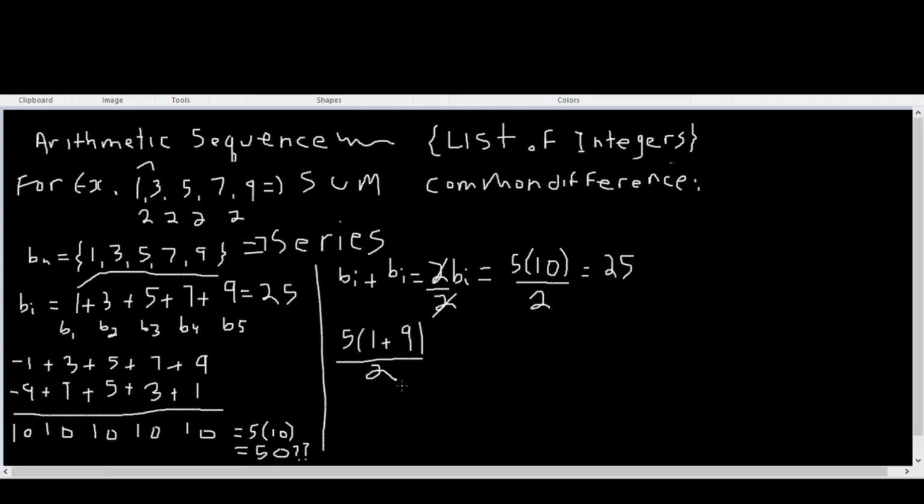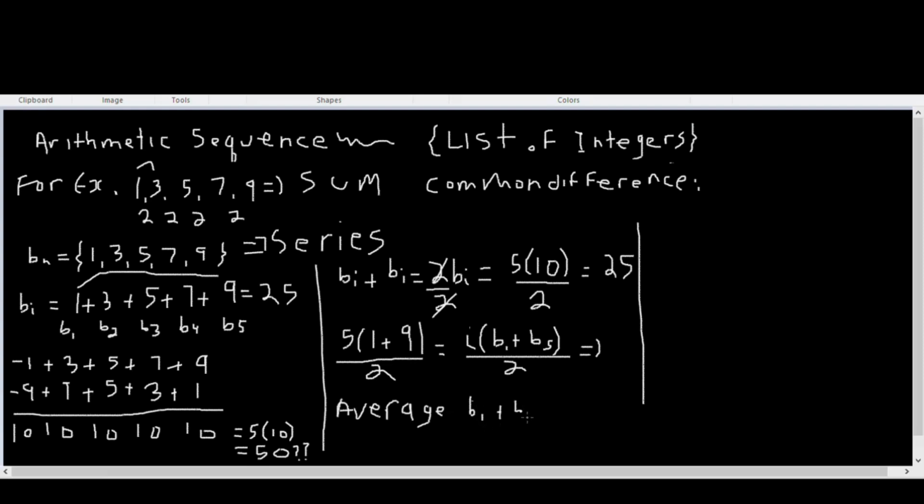But there's one thing to notice, is that the first and last term equals 10. And there's 5 of them. It's all over 2. So all we're doing is finding the arithmetic average. There's the idea of a general formula for the arithmetic series, which is i times b sub 1 plus b sub 5 all over 2.